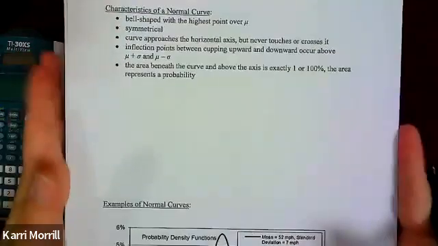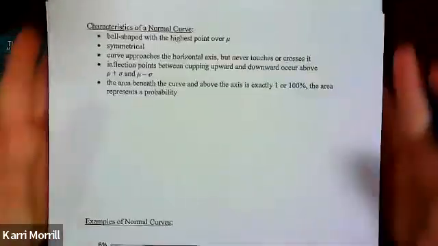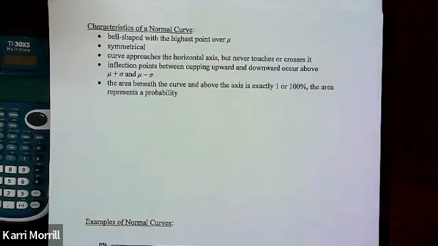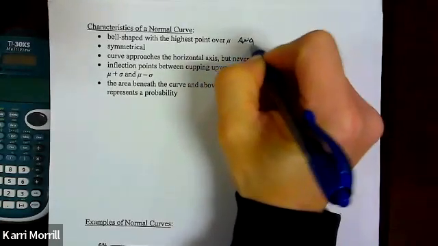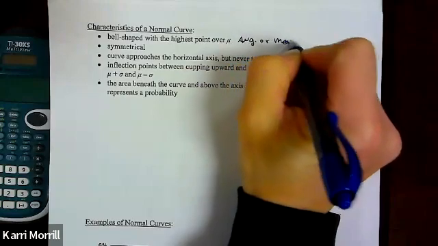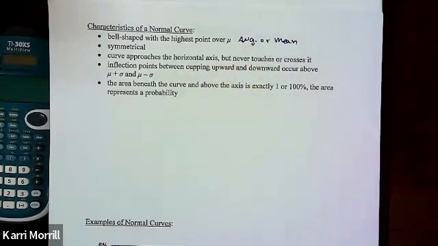So characteristics of a normal curve. It's going to be bell-shaped with the highest point over your mean. That's your mu symbol. So remember, that's your average or your mean. So the middle part of each of these will represent the mean of whatever data you're working with. It's symmetrical. The curve approaches the horizontal axis, but never ever touches it.